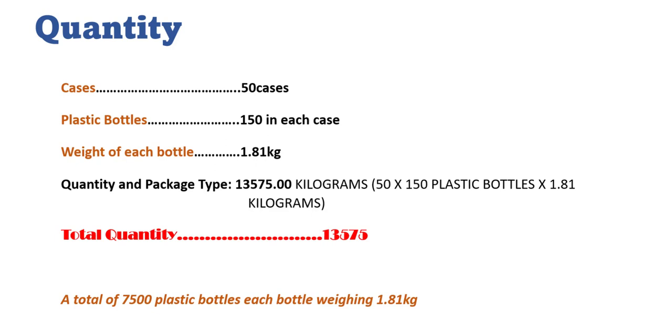Let's go over that once more. In my scenario, I have 50 cases of that bait that I'm taking in. In each case, I have 150 bottles of that regulated commodity, which is a bait, based on my scenario. Each bottle weighs 1.81 kilogram based on the scenario that we just did.